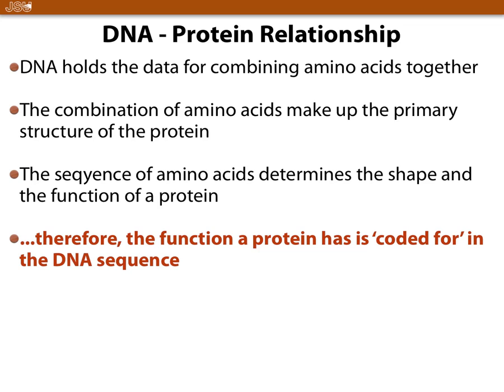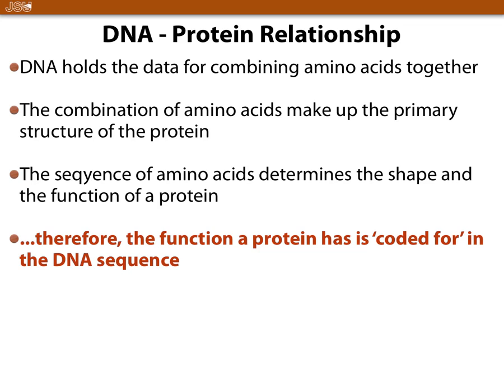The sequence of amino acids determines the shape of a protein. Okay? So the function of a protein, ultimately traced all the way back, is coded for in the DNA sequence. Okay? Very important point. The function of a protein is coded for in the DNA sequence. How is that?